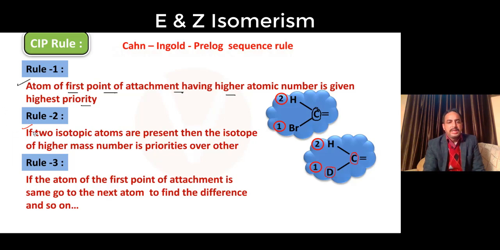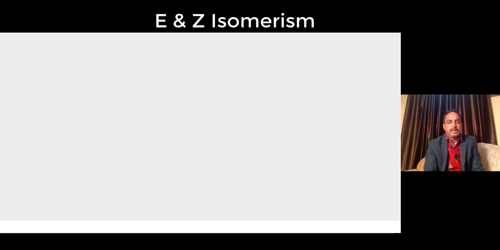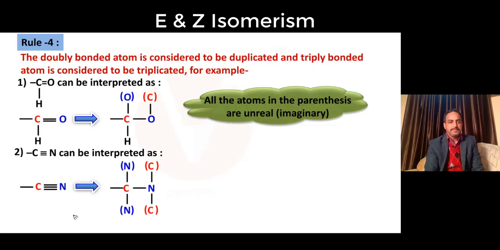This is the second rule of the Cahn-Ingold-Prelog sequence. In the third rule, if the atom at the first point of attachment is the same, we go to the next atom to find the difference, and so on.